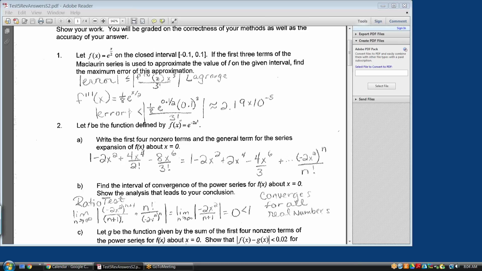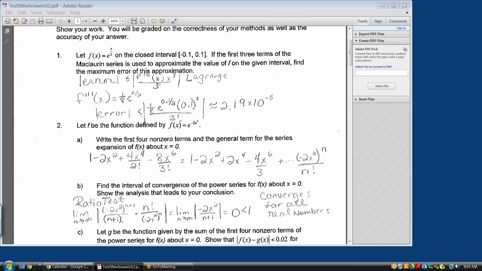Right here in number 1, 0.1. She's taking that from the interval, I think. The interval is 0.1 to 1, or negative 0.1 to 1. But nonetheless, let's not spend all of our time trying to figure that out.